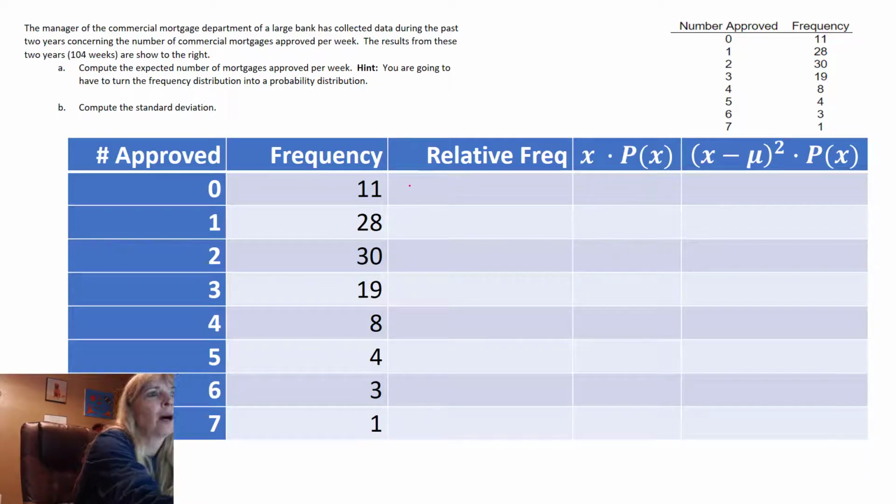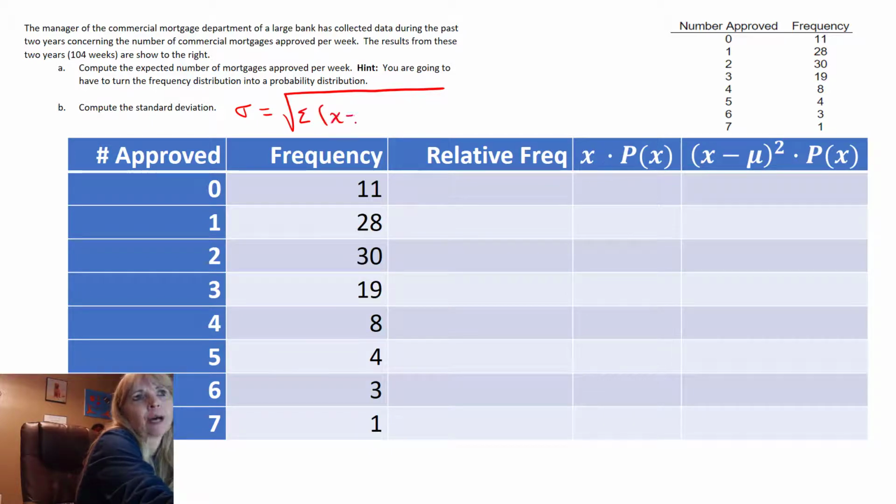For the standard deviation, I'm going to take the square root, because we always square root for standard deviations, of the sum of each x value minus the mean, squared, times the probability. I'm going to do that for each one and then add them all up. Let me write a few of these down.